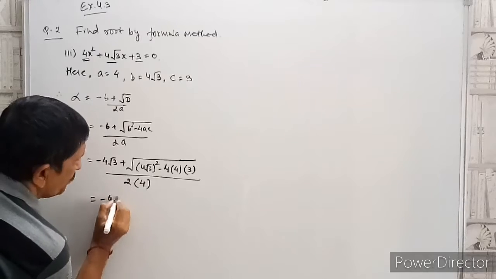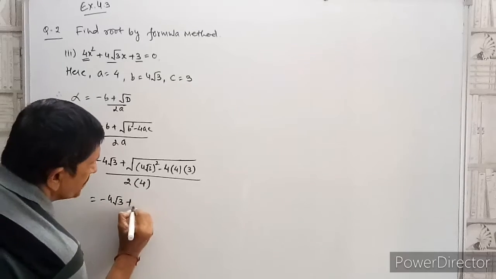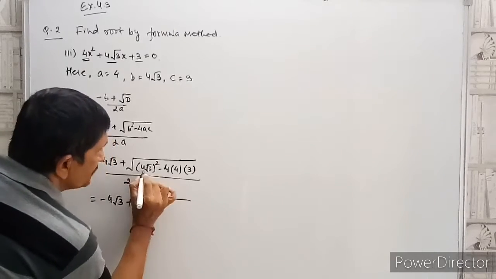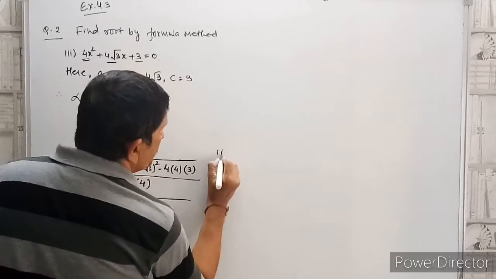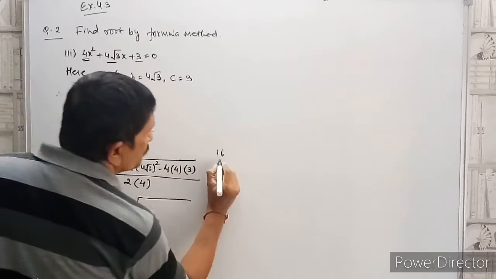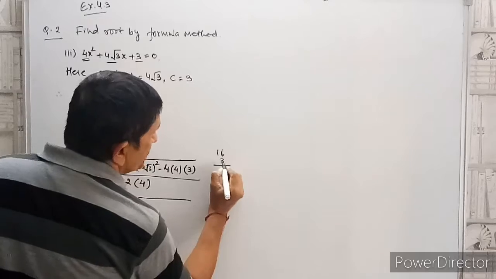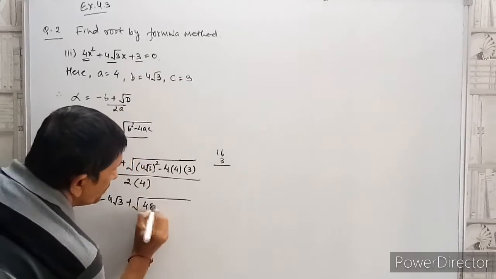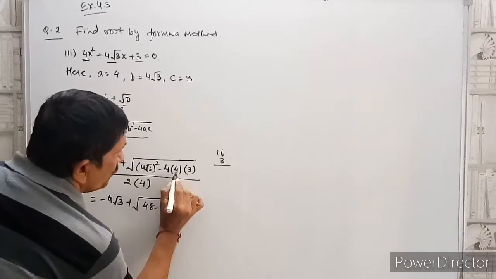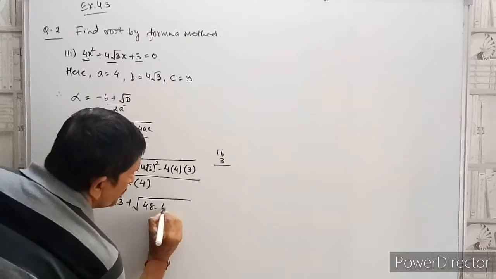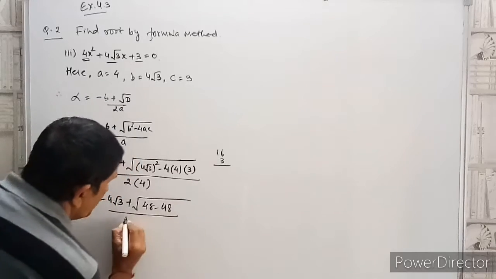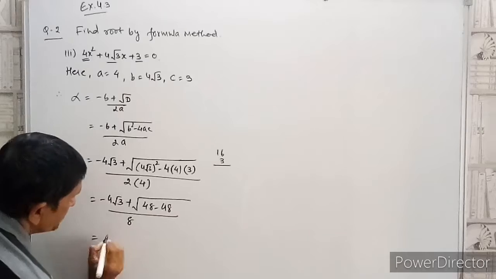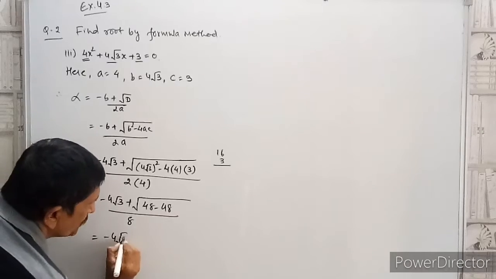So it is minus 4 root 3 plus square of this. So 4 4s are 16 and root 3 into root 3, that is 3. 16 3s are 48, upon 4 2s are 8. So it is minus 4 root 3.